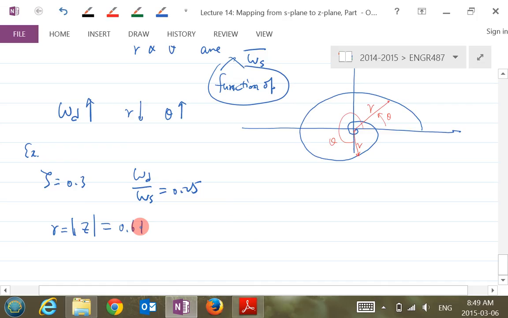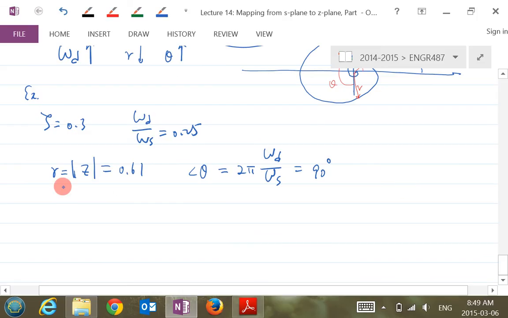0.61. You can also calculate the angle, which is 2 pi omega d over omega s. Plug in this one here, which is actually 90 degrees.